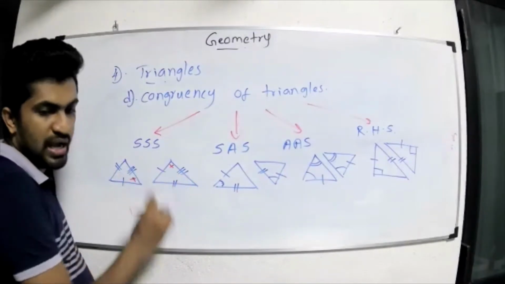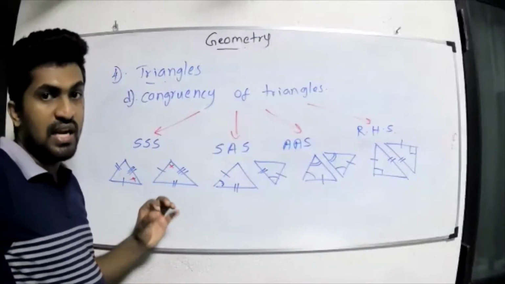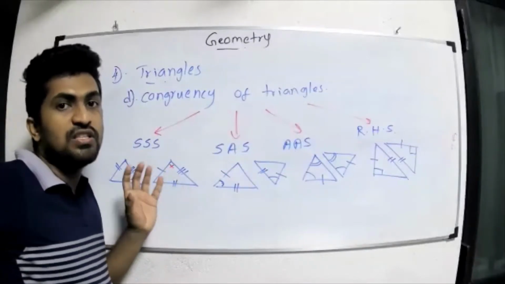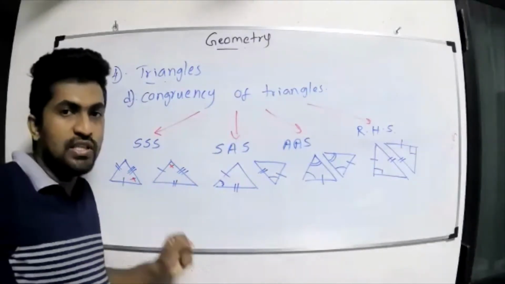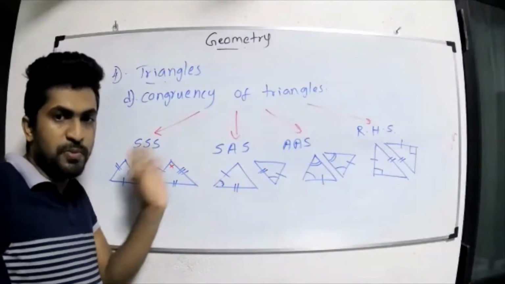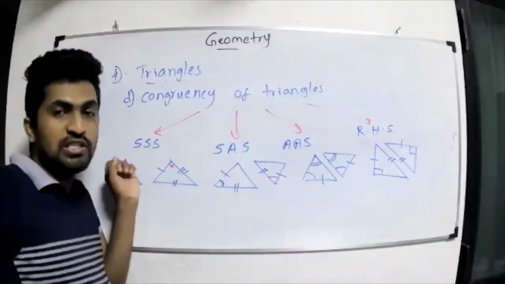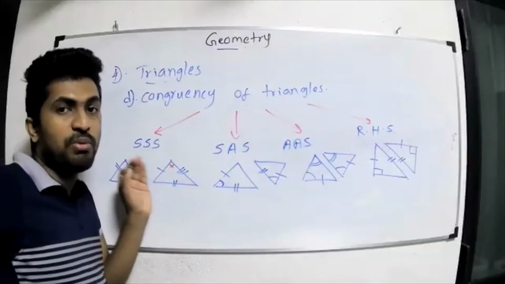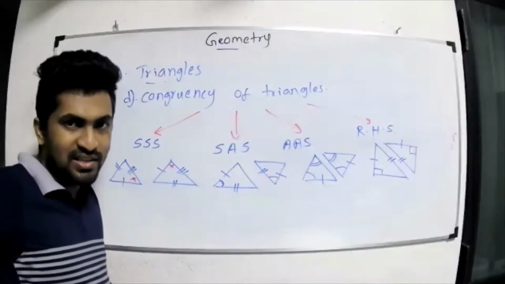That means these two angles are also the same. That is the advantage of using this congruent theorem, to prove their corresponding angles are the same. Got it?